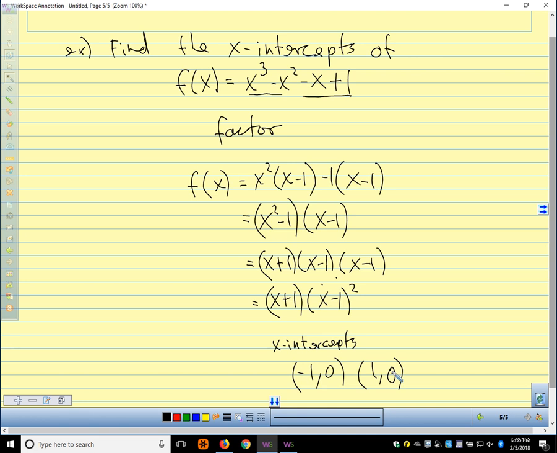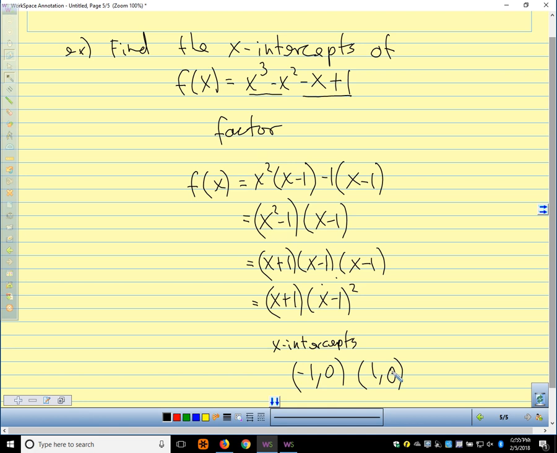And I got the x-intercepts by factoring. x equals -1 and x equals 1 are the zeros of that function. x equals -1 and x equals 1 are the solutions of this equals 0. So all those things mean the same thing. And the fact that we have 2 of those, x minus 1 times x minus 1, tells us something about the graph of this function. So that's the next thing we need to talk about.